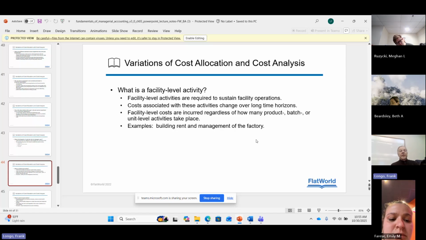So if it's something to sustain the factory, in plain English, to maintain the factory, we need the factory cleaned, the equipment operating, whether we're making 1,000 products or 10,000. An example of the cost, building rent, management of the factory.